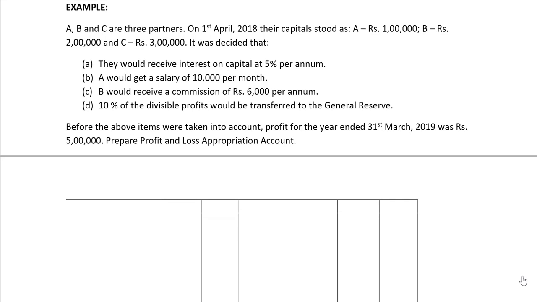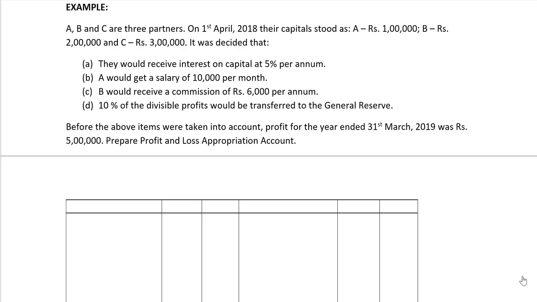Example, A, B and C are three partners. On 1st April 2018, their capitals stood at A rupees 1 lakh, B rupees 2 lakh and C rupees 3 lakh. It was decided that they would receive interest on capital at 5% per annum. A would get a salary of rupees 10,000 per month.